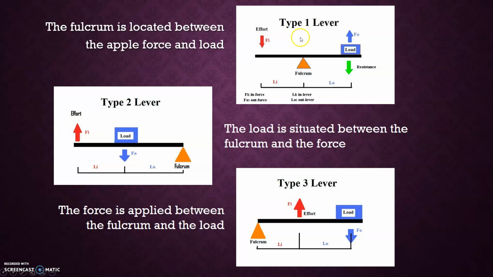Now, these two, first class and second class, will always be easier to lift that load. This is a wheelbarrow where it's really easy because my load is in the middle, my wheel's here, and I'm picking up the lever. The first class, or type 1 lever, is a seesaw. This one's the hardest, third class lever. This is going to be your arm.